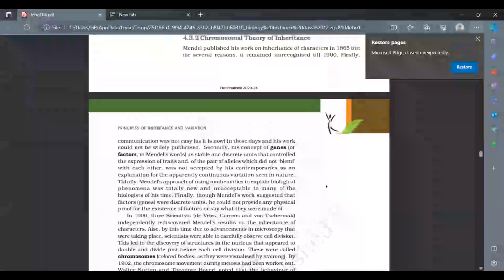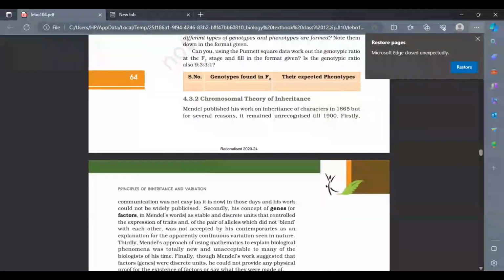So it was difficult for people to apprehend how it is possible to understand any biological phenomena with the help of mathematics, because during that time, mathematics and biology were two very different fields of expression.